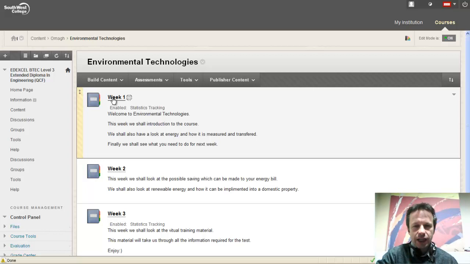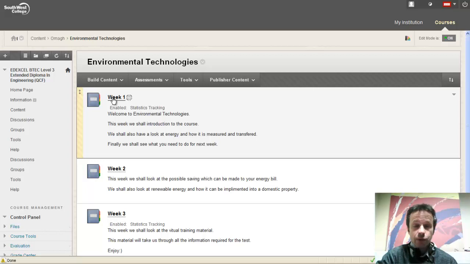So for your task 2, which is looking at how insulation will improve the efficiency of your building, we'll be using the Energy Saving Trust website, and there's a link to that in week 2, so use that. Task 3, same, Energy Saving Trust website. There's a lot of information there that advises you how to make savings in your property.